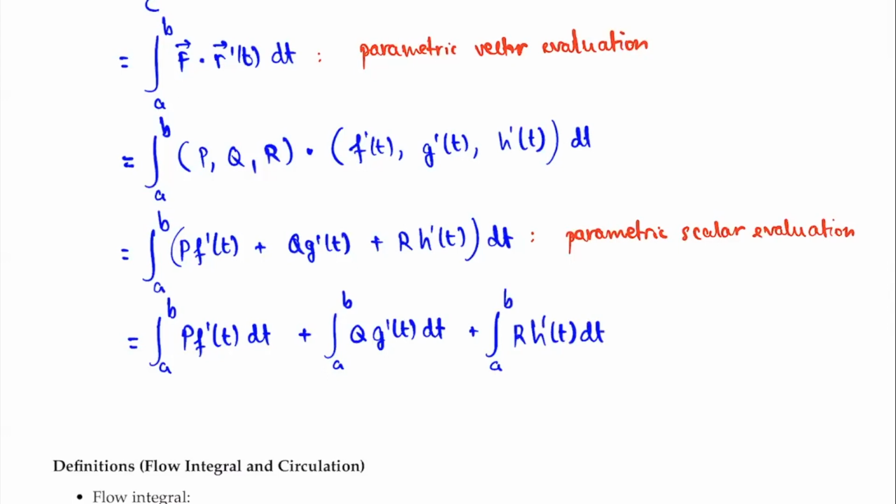All right, so f, g, and h are the components of the vector-valued function r of t, right? So r of t is equal to f of t, g of t, and h of t. In other words, it can be written as the first component, x is equal to f of t, y is equal to g of t, and z is equal to h of t.